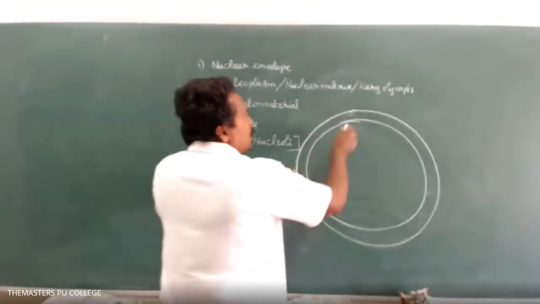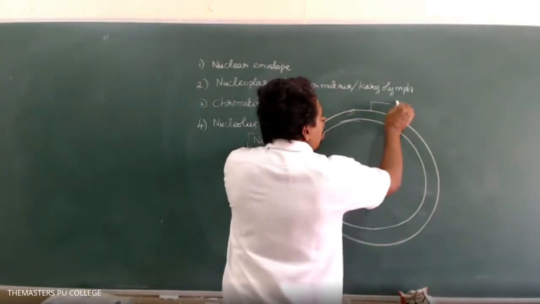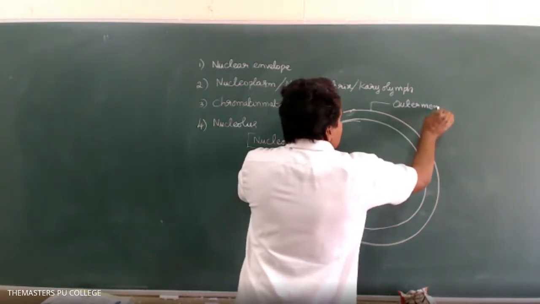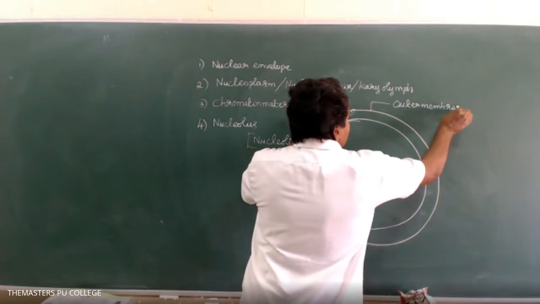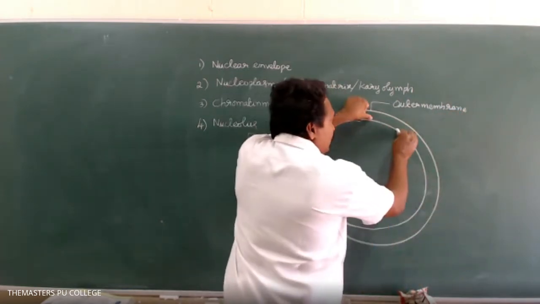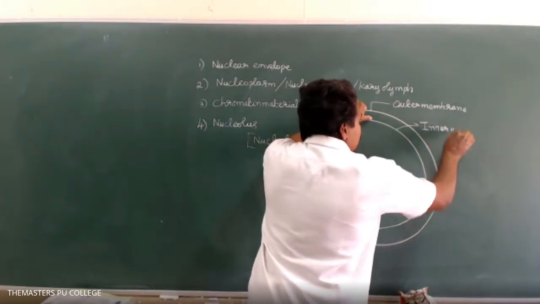Here I have drawn the two membranes of the nuclear envelope. This one is the outer membrane of the nucleus, and this is the inner membrane of the nucleus.